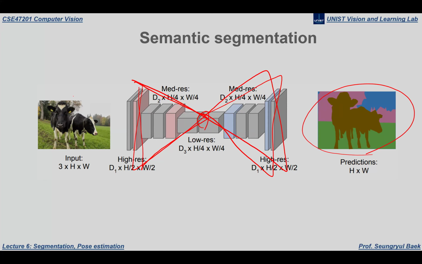Given many X and Y pairs, we can train this encoder-decoder architecture to work for semantic segmentation. Of course, we have to manually collect the segmentation maps. But if we take the time and effort, we can collect many semantic segmentation ground truths.